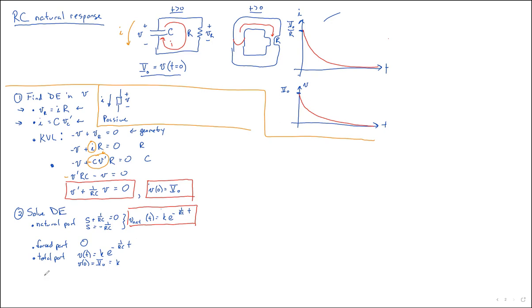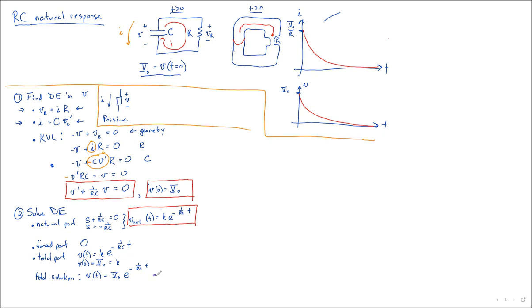And therefore, the total solution is the voltage across the capacitor for any time greater than 0, we're only examining it for greater than 0, is equal to our initial condition times e to the minus 1 over RC times T. And that is almost the way it's typically written in electrical engineering.